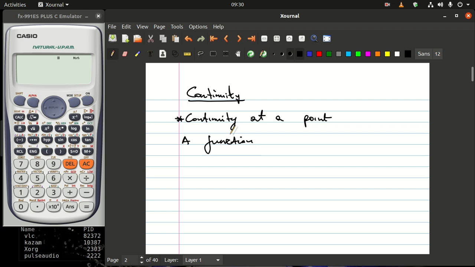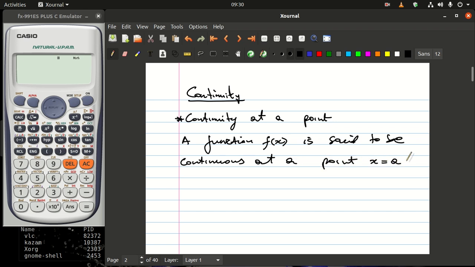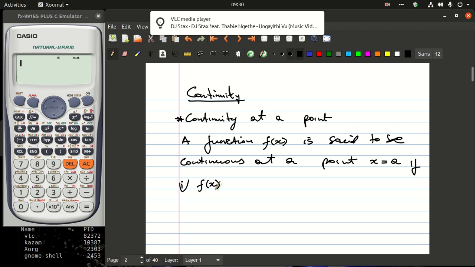So first, we must have a function f of x, which is said to be continuous at a point x equal to a if these three things happen. Number one, f of x must be defined, and f of x must be defined at the point a.